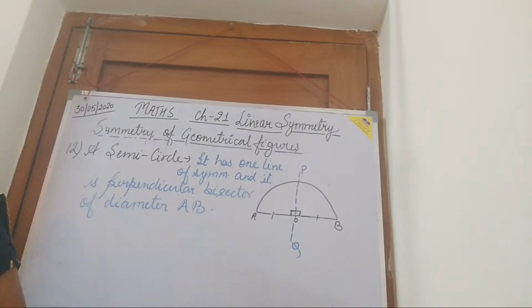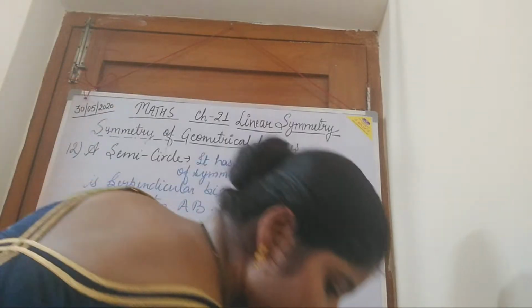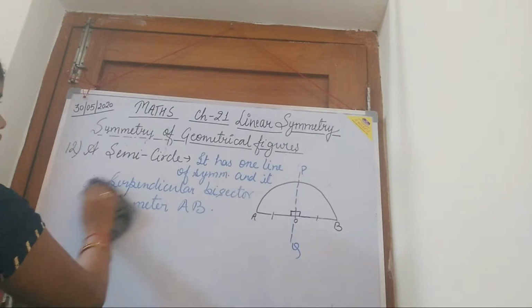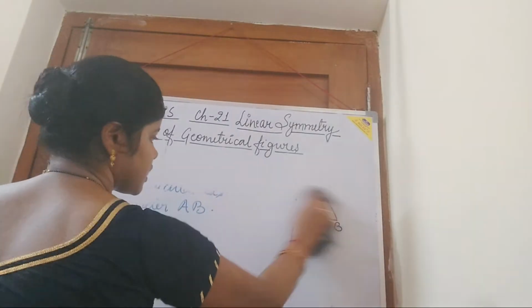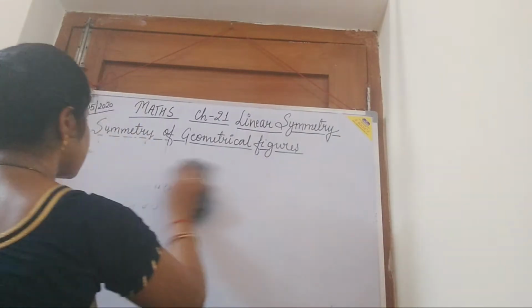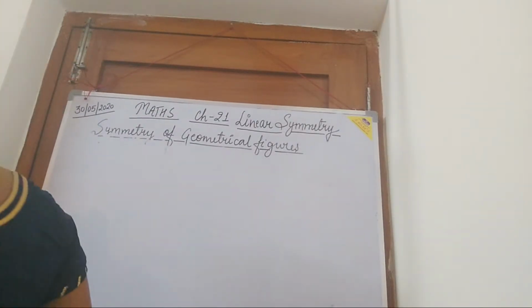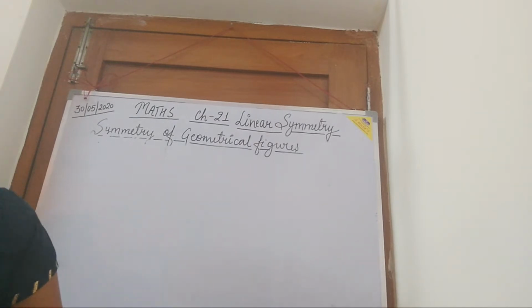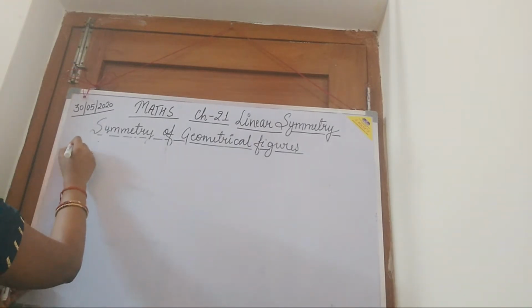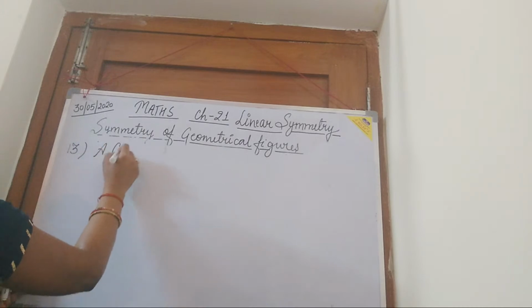Now the next figure is a circle. This is the last symmetry for class 6. This is the last symmetry of geometrical figures, that is the circle. The last one, the 13th one, a circle.